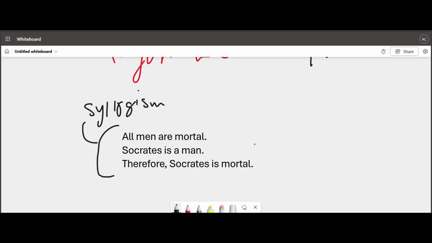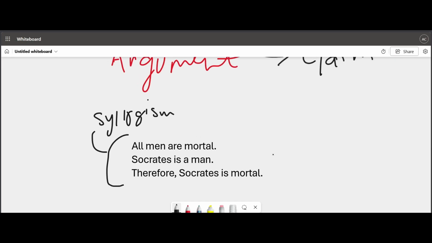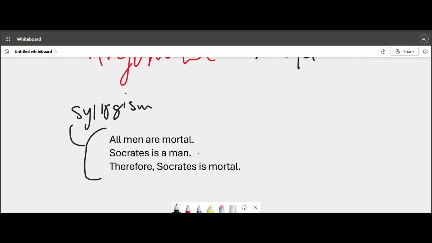So basically, as I said earlier, arguments are built upon premises, these claims, and those claims are supposed to linearly nudge you into a valid conclusion. And this is one of the most famous syllogisms ever.